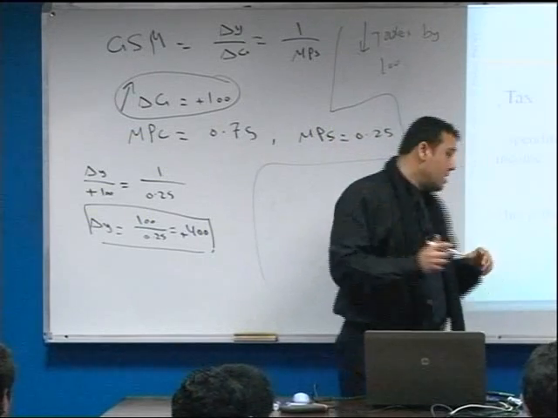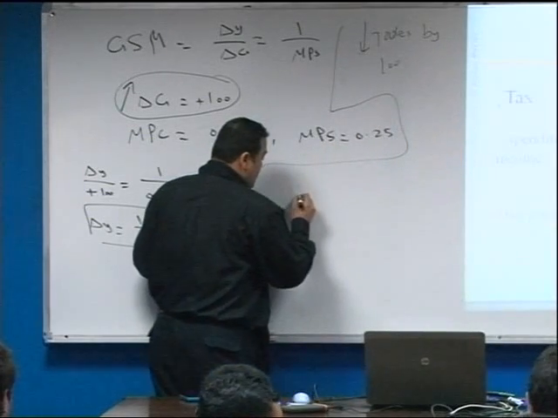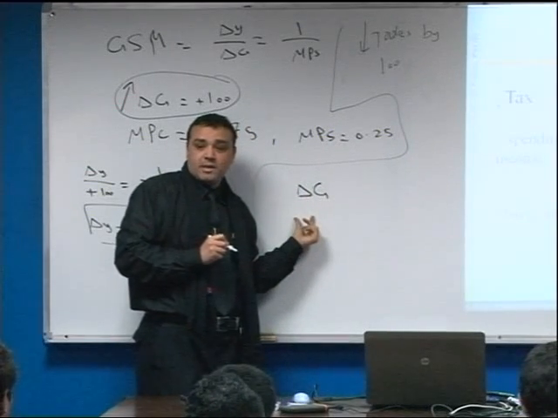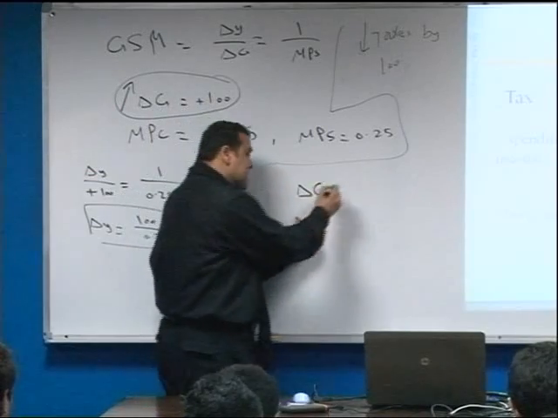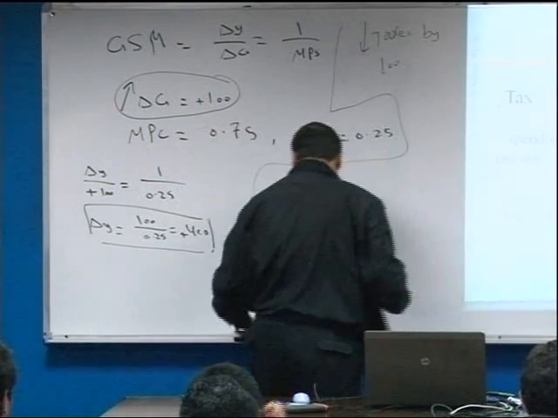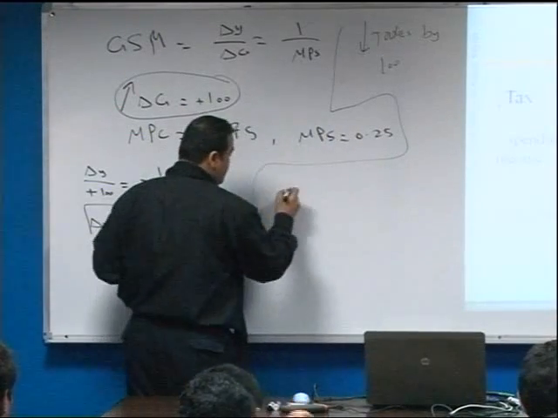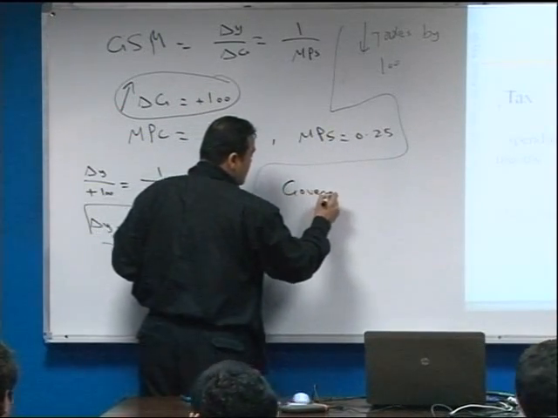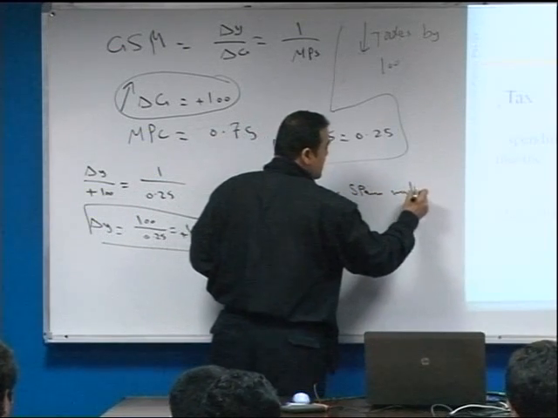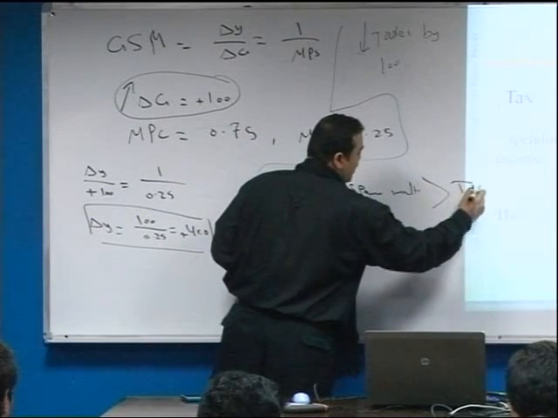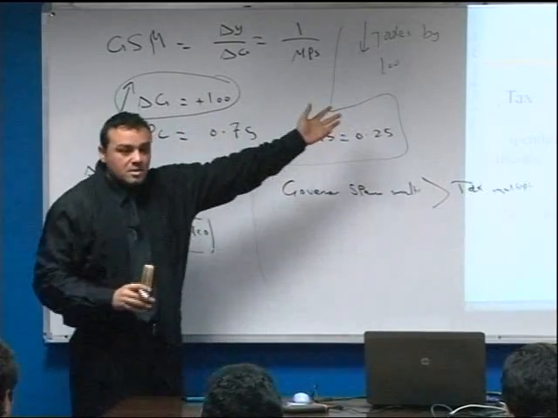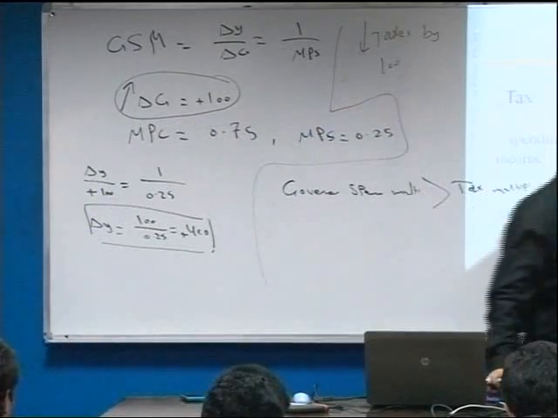So in general, the government spending multiplier is larger than the tax multiplier. But before that, let's analyze the following.